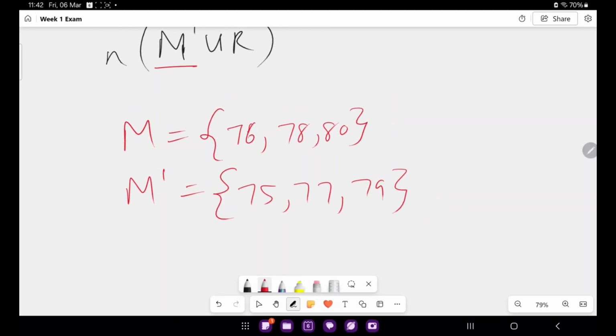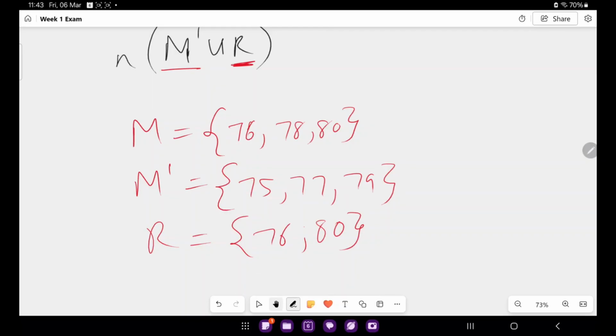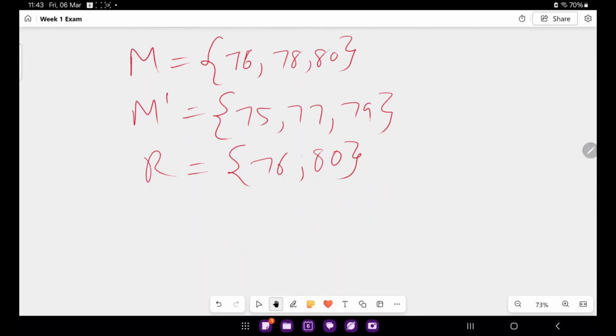Okay, that's cool. Now I have to have R. Let me write R down. We said R is 76 and 80. So these are the multiples of 4. And then we have to have union now. M complement union R. So union, that means everyone we are joining together.